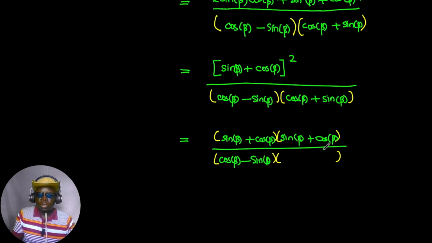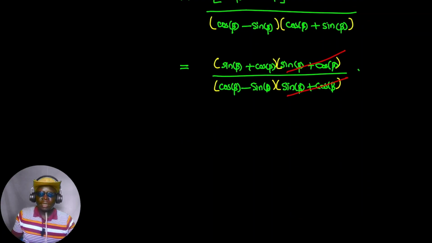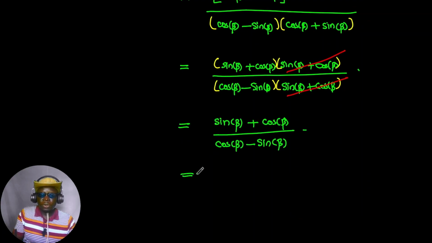And in order for this to look exactly like what we have in the numerator, we can start with sine of beta plus cos of beta. And from here, you can now see that we can cancel one of this bracket with this one here, and we're only left with these remaining parameters, and that is equivalent to the right hand side of the expression.